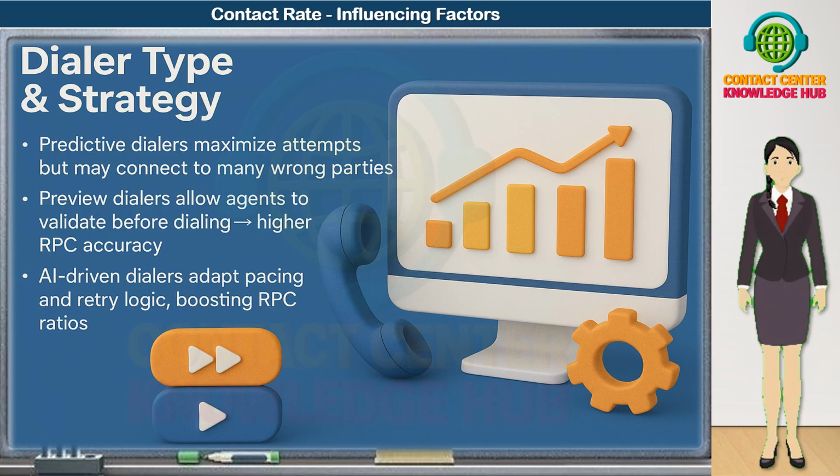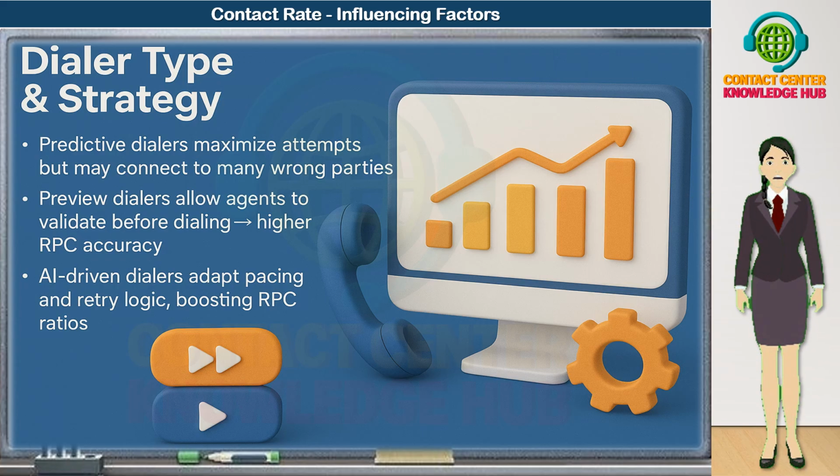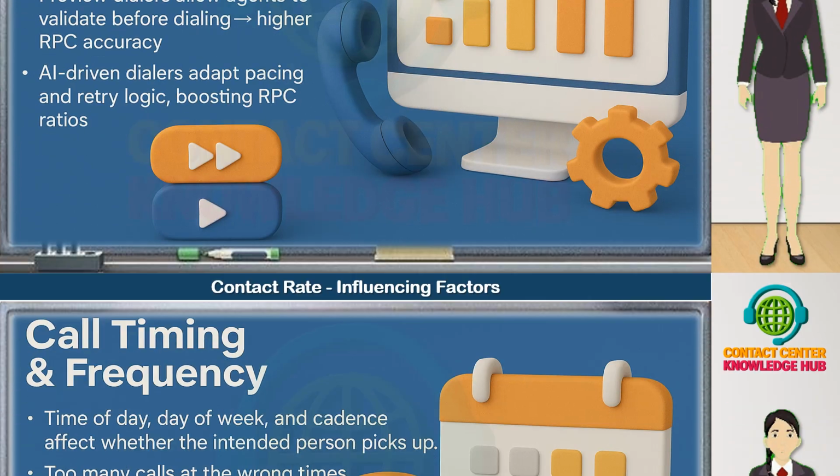These systems analyze past performance automatically and apply smart retry logic to maximize connection efficiency, significantly improving right-party contact ratios. In summary, choosing the right dialer type and strategy can transform your outbound effectiveness, turning random dialing into precision outreach.